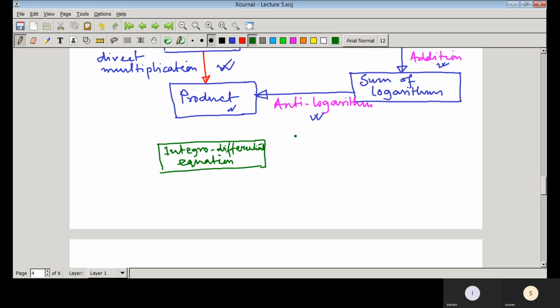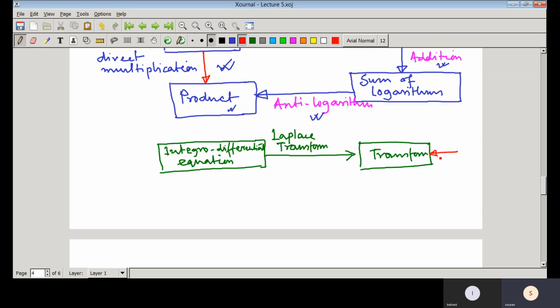Now if you take the Laplace transform, that means you are transforming the equation. Automatically, the initial condition is included via this Laplace transform.